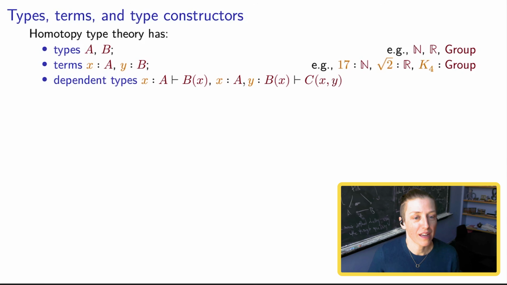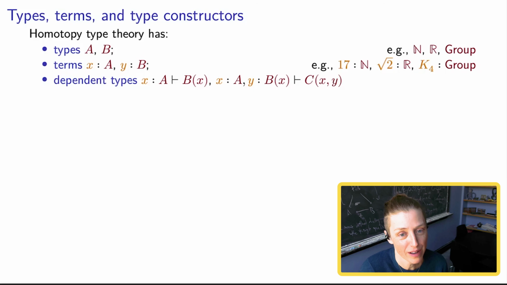And then it also has dependent types, or type families. To define a type, a type can be allowed to depend on variable terms of previously defined types. What I'm showing now is the syntax for that.